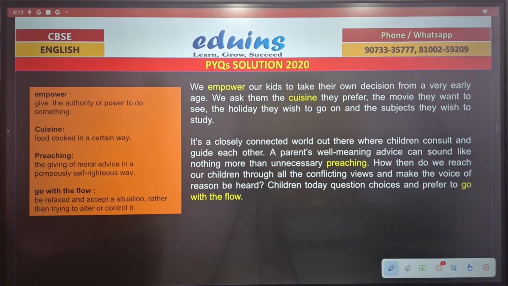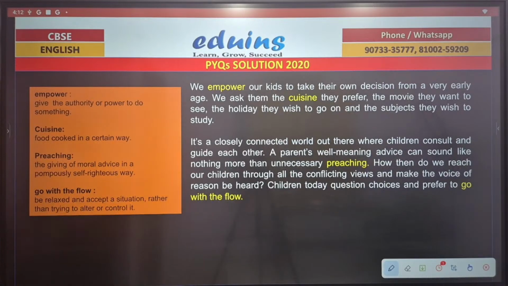I mean antonym. We have to search out there where children consult and guide each other. The parents' well-meaning advice can sound like nothing more than unnecessary preaching. How then do we reach our children through the conflicting views and make the voice of reason be heard? Children today question their choices and prefer to go with the flow.